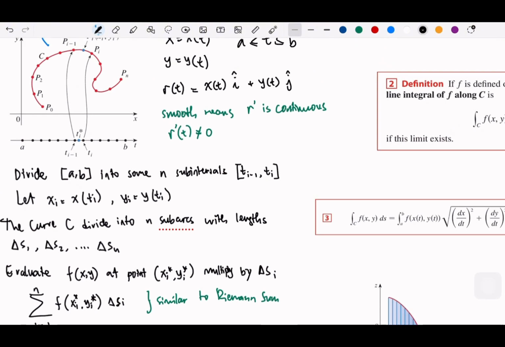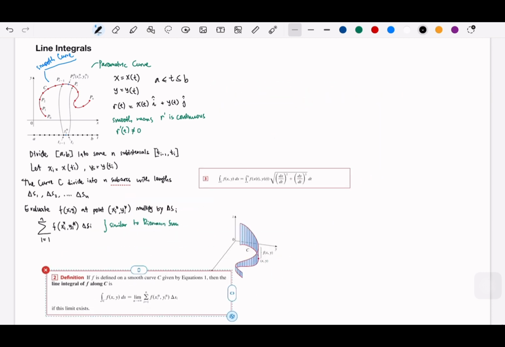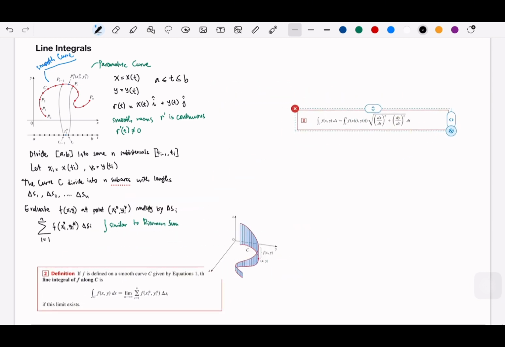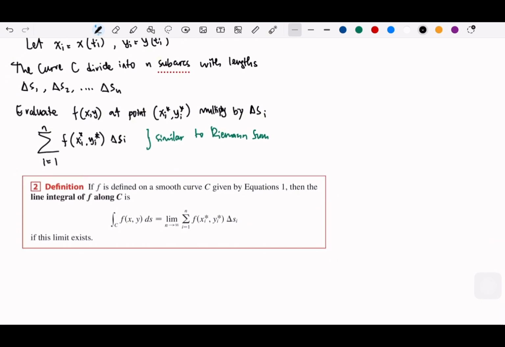Then we move to here. Let me browse to here, and let me add here, just to make it easy to see. So if the function is defined on a smooth curve C, given by equation 1, the parametric equations, then we have a new definition.